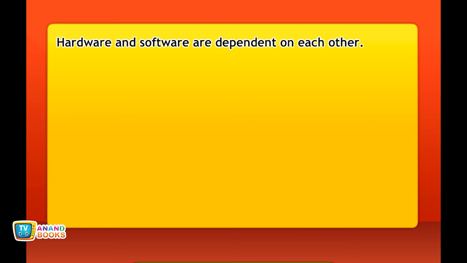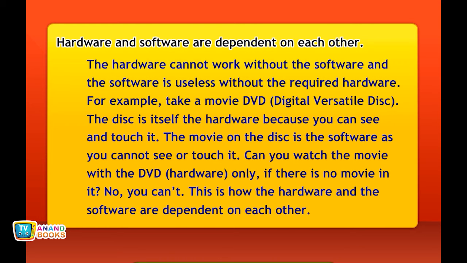Hardware and software are dependent on each other. The hardware cannot work without the software, and the software is useless without the required hardware. For example, take a movie DVD, digital versatile disc. The disc is itself the hardware because you can see and touch it.